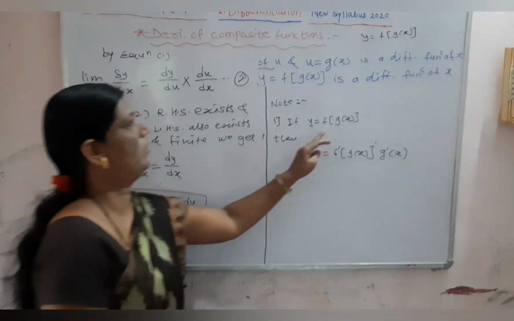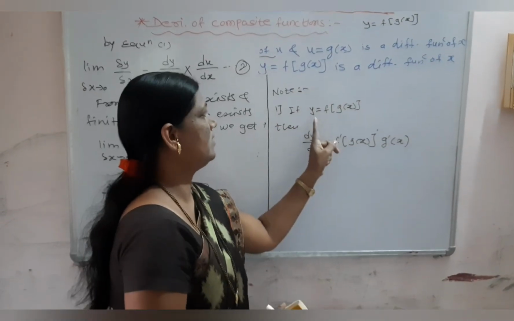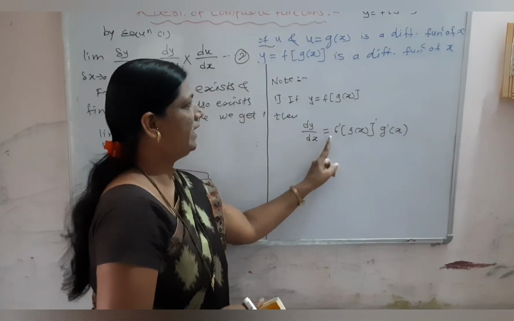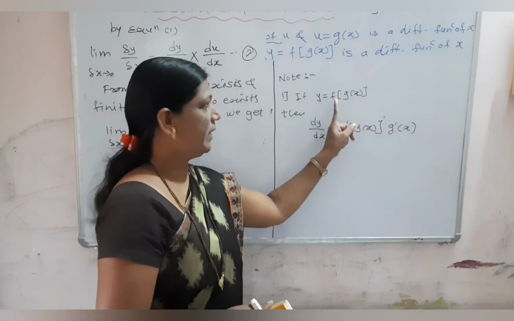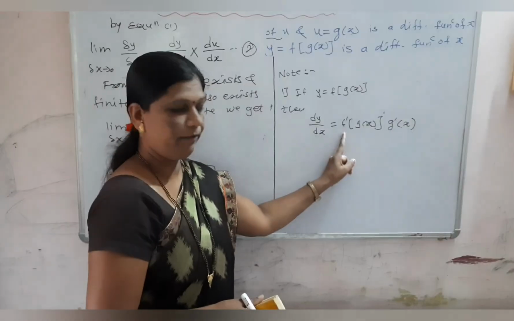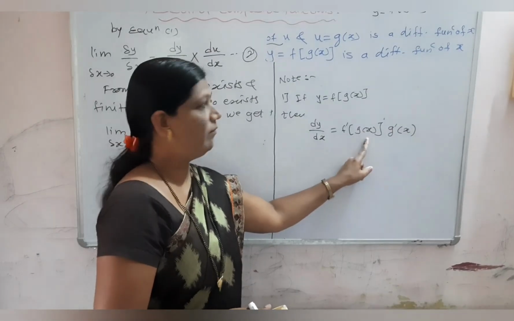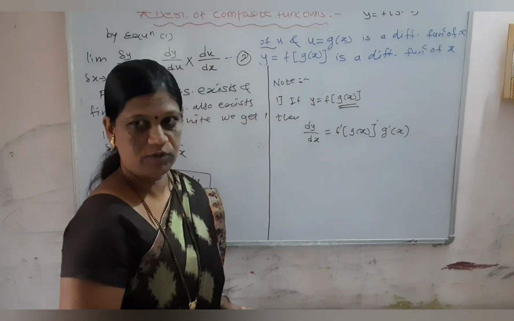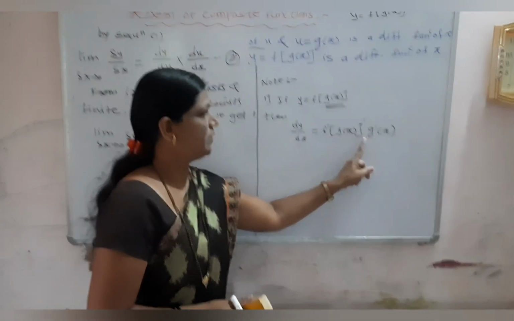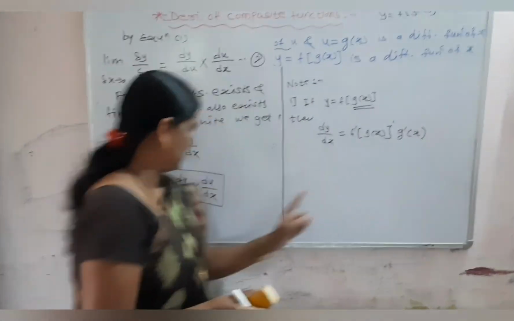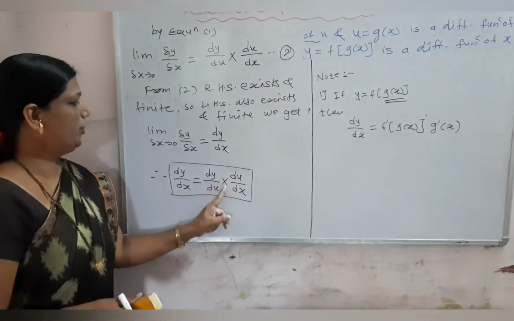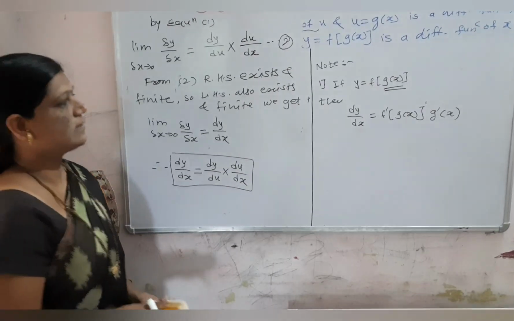Here y equal to f of g of x is a differentiable function of x. If we want to differentiate it, dy by dx equal to f dash g of x, and g of x is a composite function f of g of x. So multiply g dash x, here dy by dx equal to dy by du into du by dx.